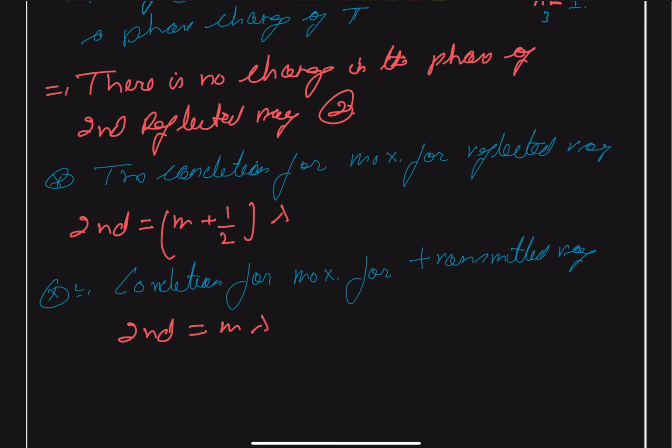So for minimum, the value of m should be equal to 1. So for d equal to d minimum, m should be equal to 1.